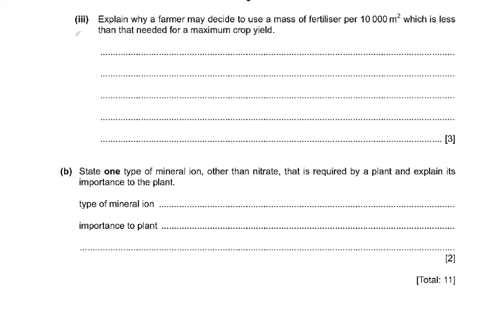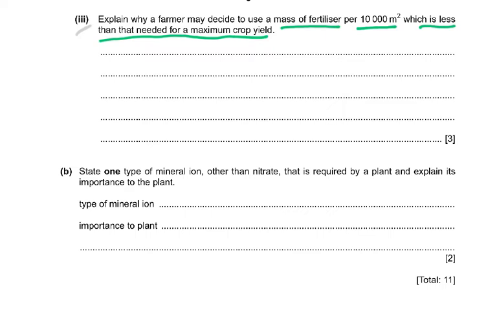Then coming to part 3 of the question, explain why a farmer may decide to use a mass of fertilizer per 10,000 meters square which is less than that needed for a maximum crop yield. Now, this is a little difficult question. Why would a person use less fertilizer? Because when you add the fertilizer, most of it is not absorbed by the plant.